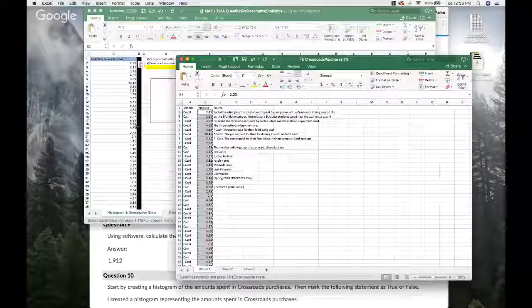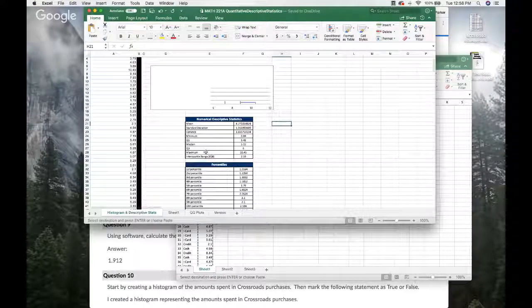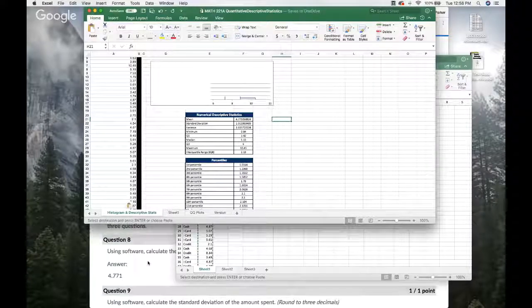And then you find the mean, so the average, correct? Yeah, and then we just pasted it into that weird thing that they gave us. And so it wants us to find the mean. So just like here, it's 4.771.